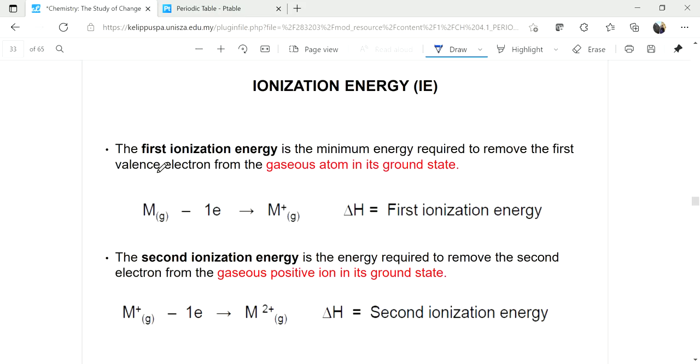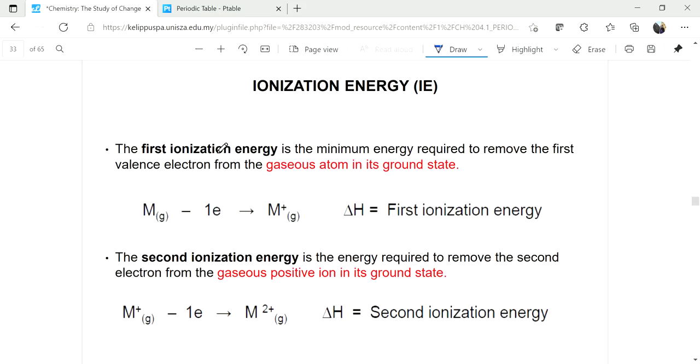In ionization energy, the electrons are removed step by step. Meaning that when we want to remove 3 electrons from one element, these 3 electrons will not be removed simultaneously, but they will be removed by step.